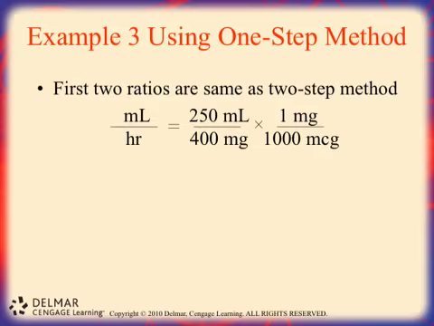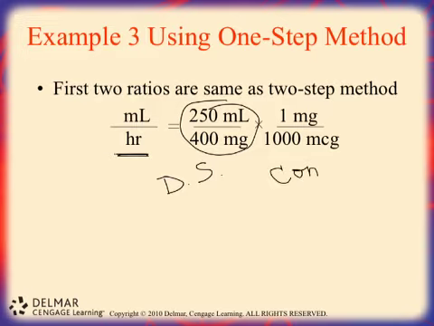The first two ratios are going to be the same as the two-step method. So we're going to start with our milliliters per hour. This is going to be our dosage strength. So I'm just going to abbreviate that, dosage strength. Then this is going to be our first conversion step right here, because we're converting to micrograms.